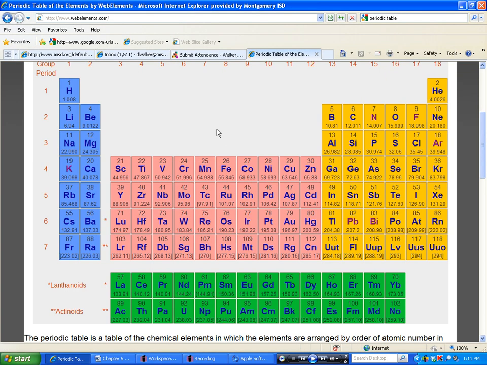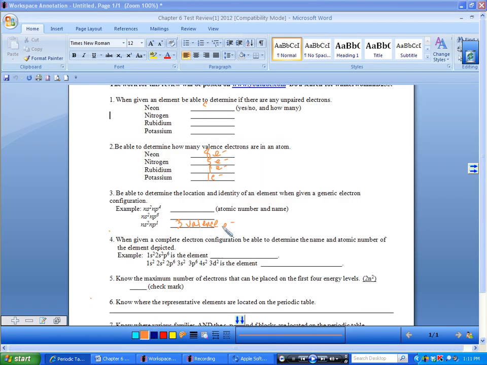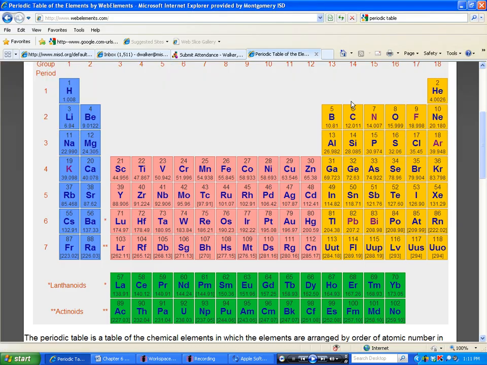So I go to my periodic table, and I say 1 valence electron, 2 valence electrons, 3, so it's group 13 or 3A. And the names would be boron, aluminum, gallium, indium, and thallium. Any of those right there.